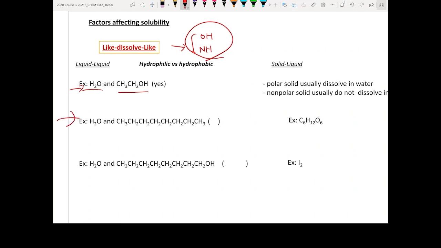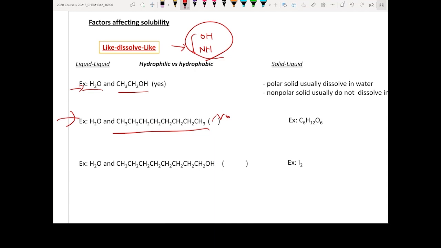Second question, would H2O and this very long alkyl chain dissolve with each other? No. Why? There are no OH or NH in this long alkyl chain, right? What is this alkyl chain? Carbon-hydrogen compounds. Everybody knows oil doesn't dissolve with water, right?